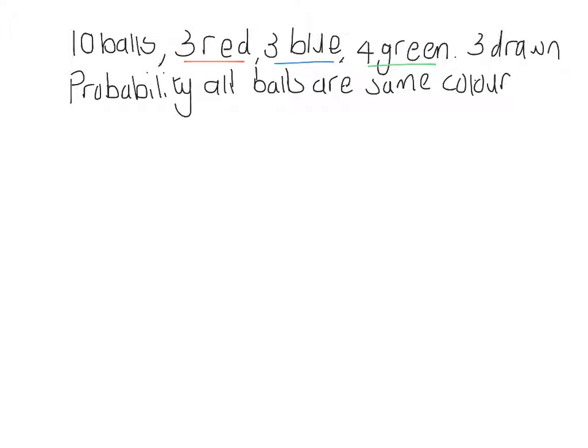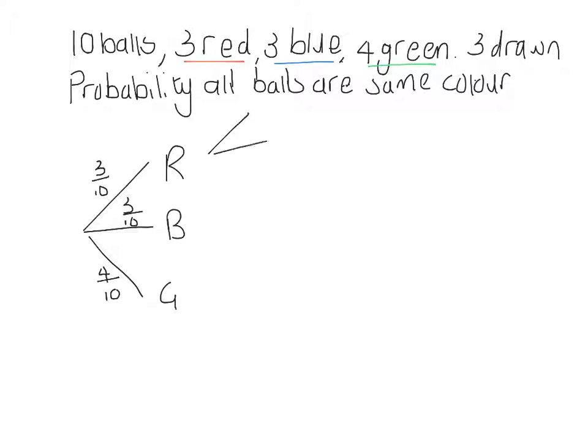So if we look at the first event that can happen, you can draw one of 3 colors: red, blue, and green. So you have a 3/10 chance of pulling a red, 3/10 of pulling a blue, and 4/10 of pulling a green. But now you already have a ball in your hand, so you have slightly less.